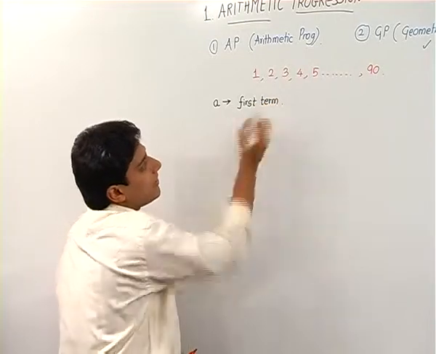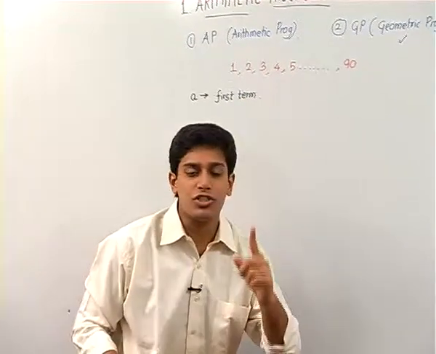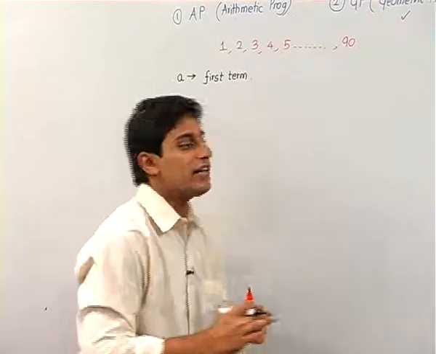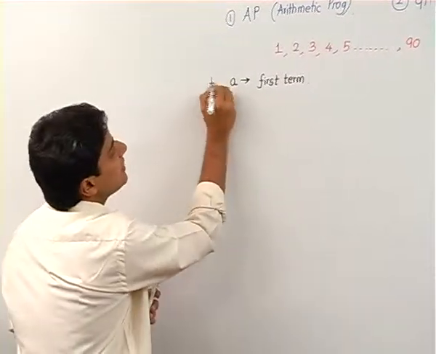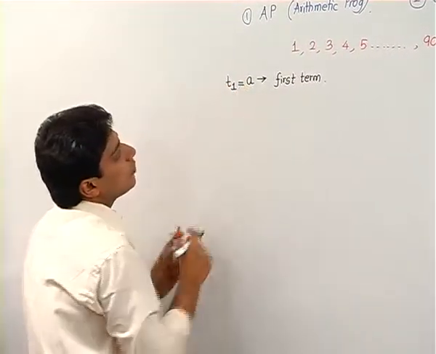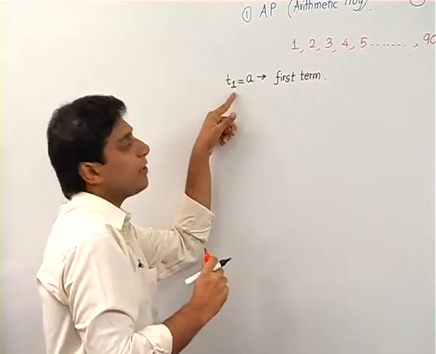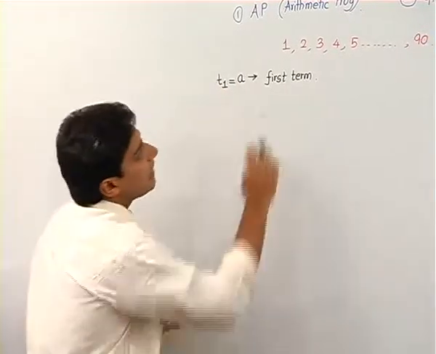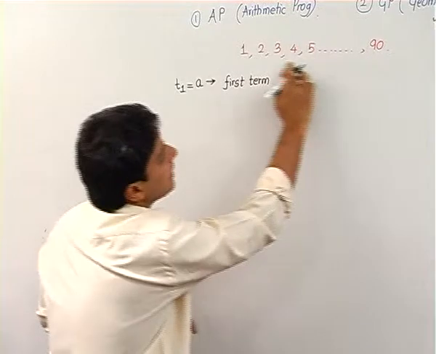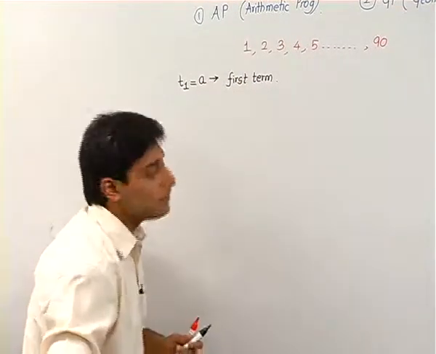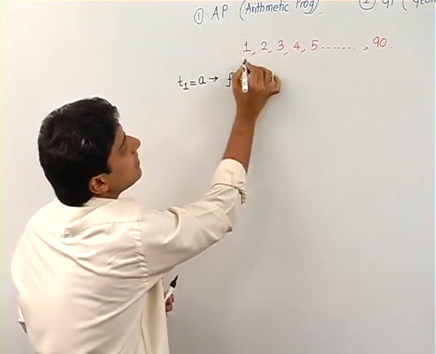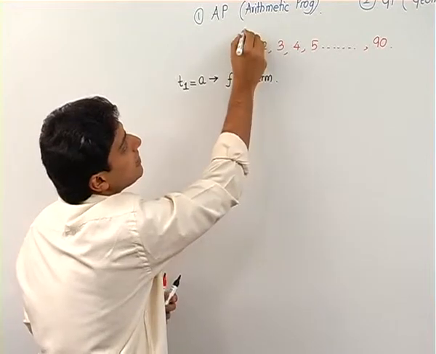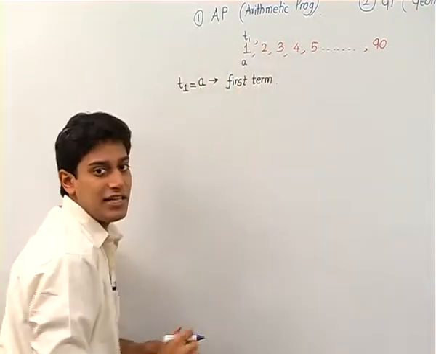So whenever I ask what the first term is, you will say, sir, it is A, and it is also represented as T1. T1 stands for term number 1, which is the first term. In this sequence, can you tell me which is your first term? It is this one. So this is nothing but your A, or your T1, right?